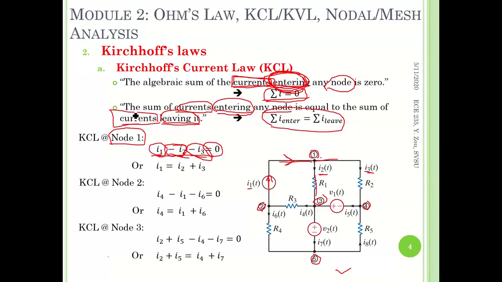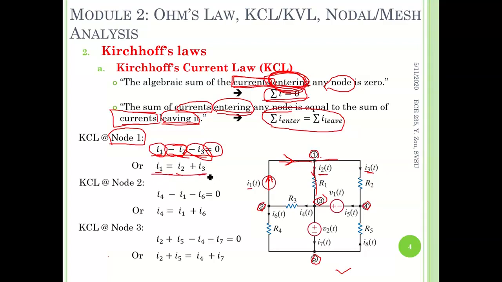Based on the second description here, the sum of currents entering the node is equal to the sum of currents leaving it. So the current entering the node is I1 itself. Place it on one side of the equal sign, and then it equals the sum of the currents leaving it, I2 plus I3, without giving any negative sign.